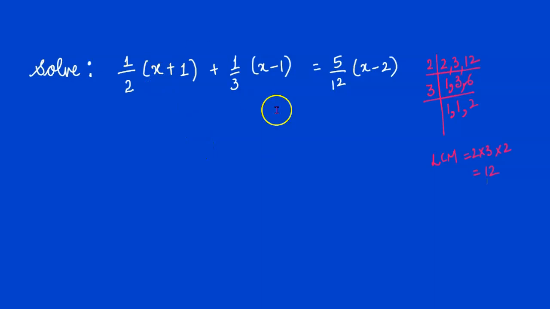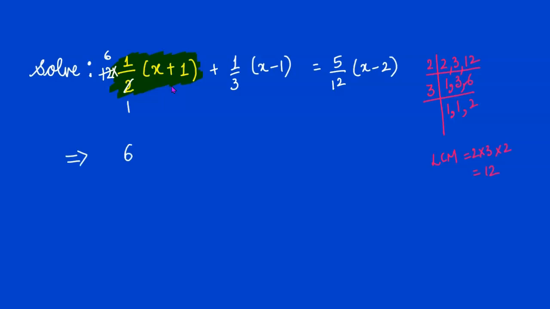So first of all, when we multiply this term with 12, what happens? Just think about it for a minute. Yes. When I multiply it by 12, like this, it gets cancelled and we have 6 in the numerator.